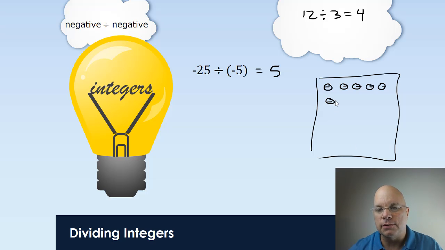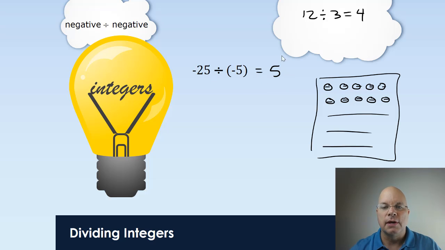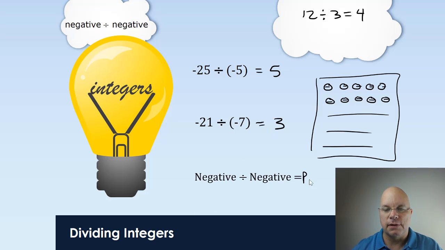Wouldn't I need 5 rows of those? I'm not going to do them all, but wouldn't I need 5 negative 5's to make negative 25? I would need 5 groups, positive 5 groups of negative 5 to make negative 25. So negative divided by negative is positive. Negative 21 divided by negative 7, positive 3. Negative divided by negative, positive.